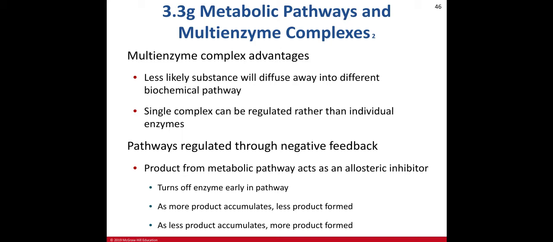Pathways are usually regulated through negative feedback, which means that the product from one of these pathways is going to be the inhibitor in the other steps. So it's going to turn off the enzyme early in a pathway. You can get more product or less product. And as we accumulate that, we can either move on to the next step or we stop the next step.